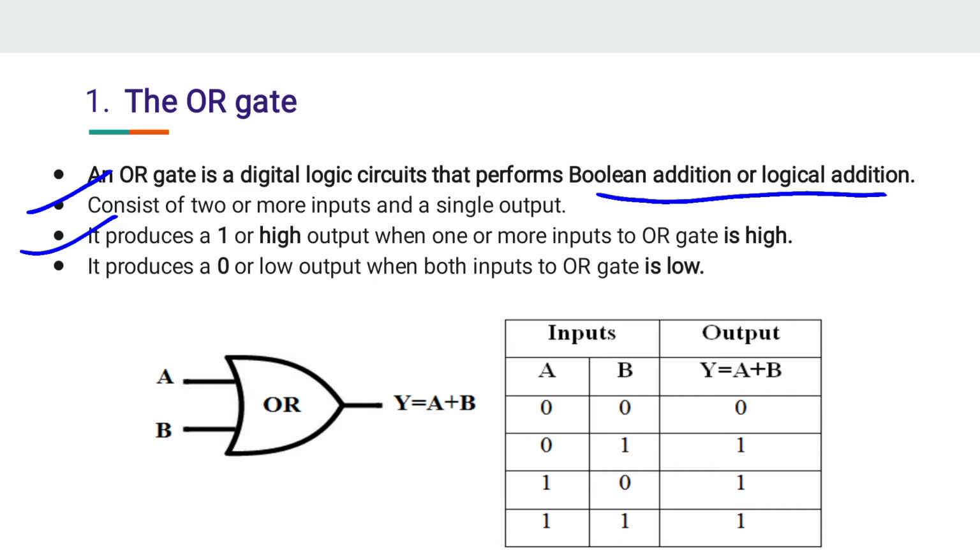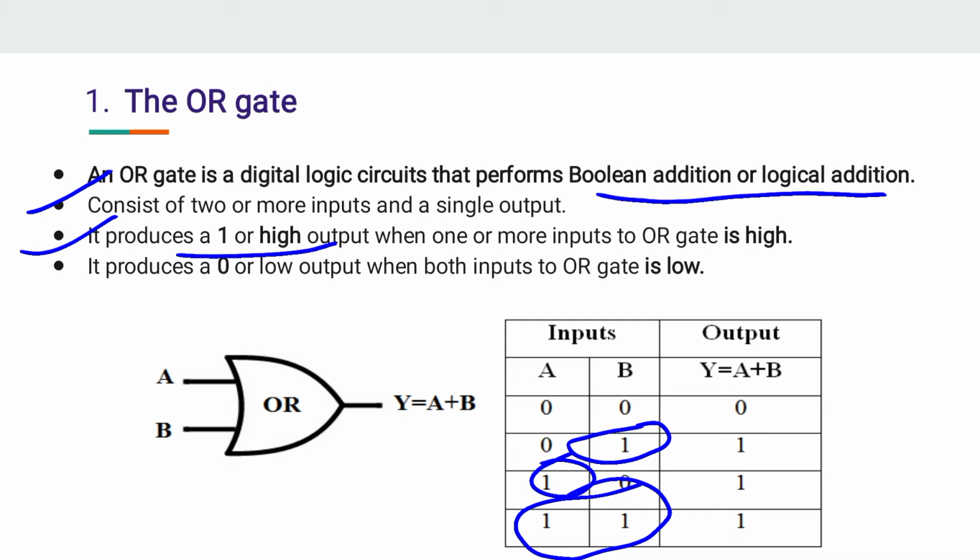It produces a 1, or high output, when one or more inputs to the OR gate is high.